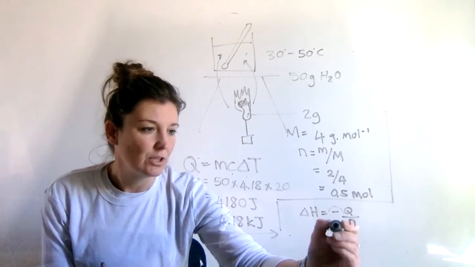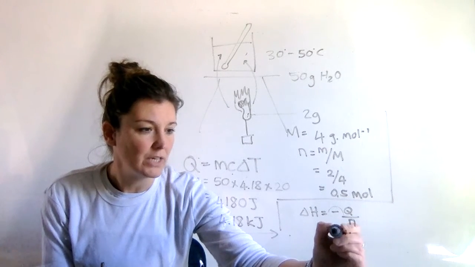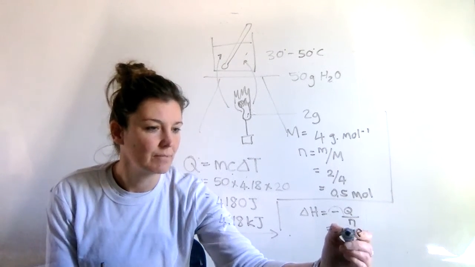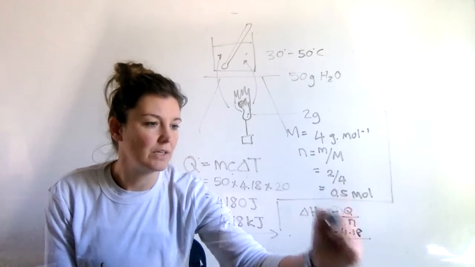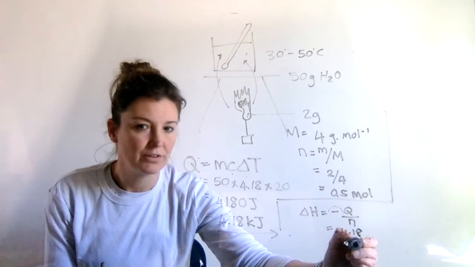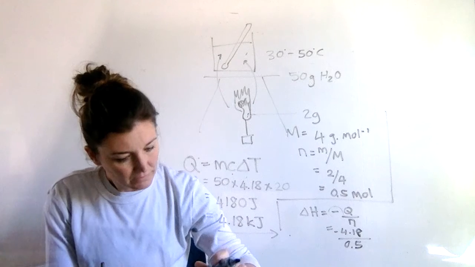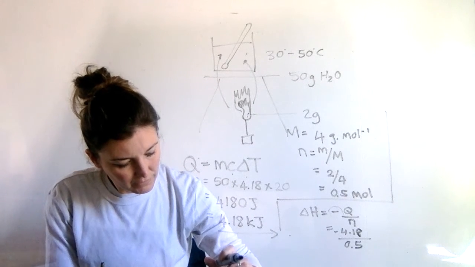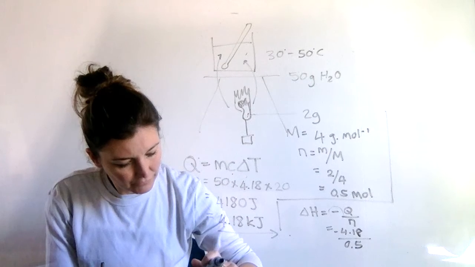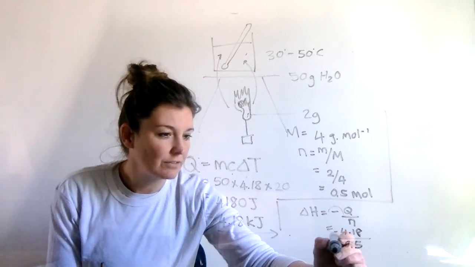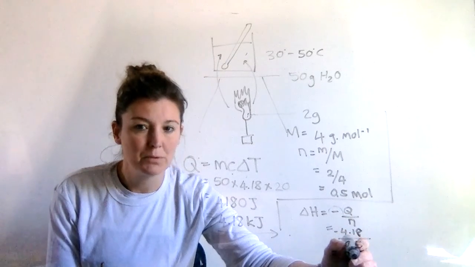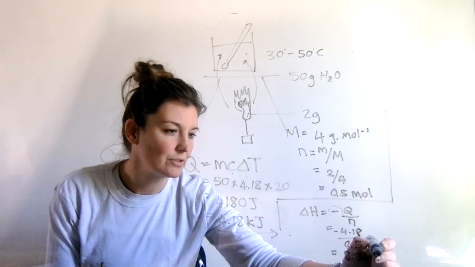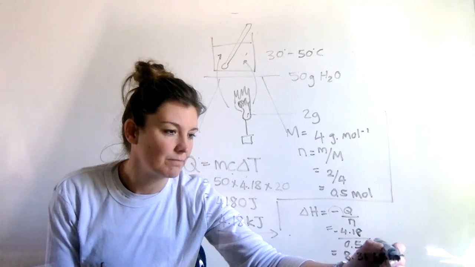So let's have a look. Delta H equals minus 4.18 divided by 0.5, and that will give you 8.36 kilojoules per mole.